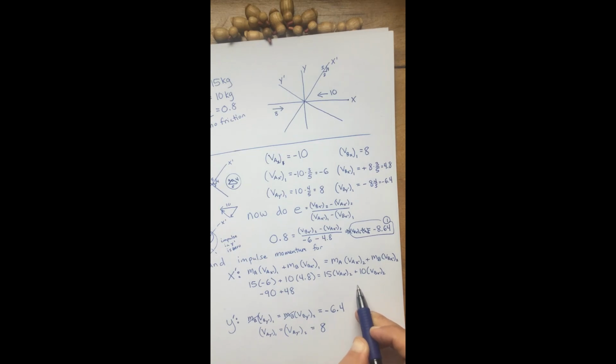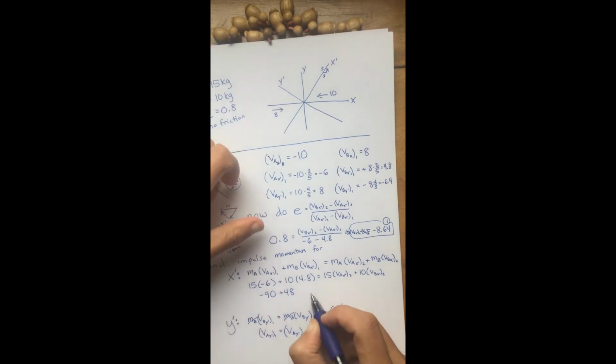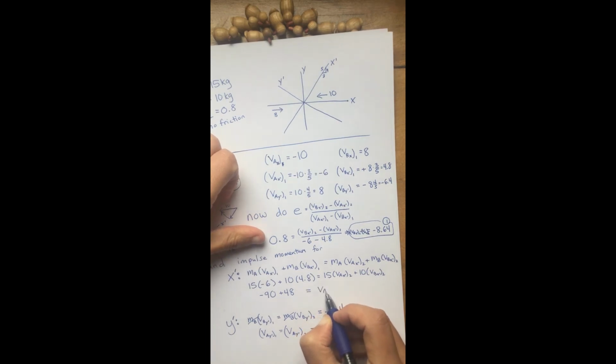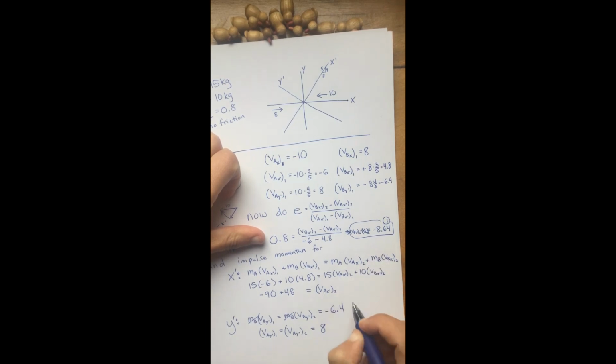On the right-hand side, I want to get either VA x prime 2 or VB x prime 2 without a term in front. So I'm going to divide by 15 so that this is just VA x prime 2, because this is how I like to solve my two equations and two unknowns.